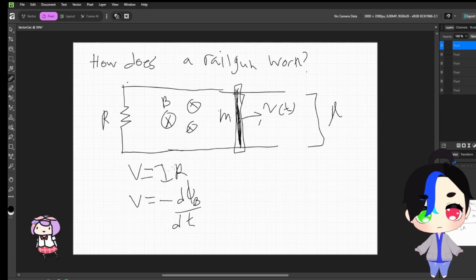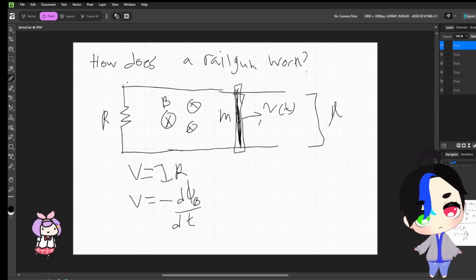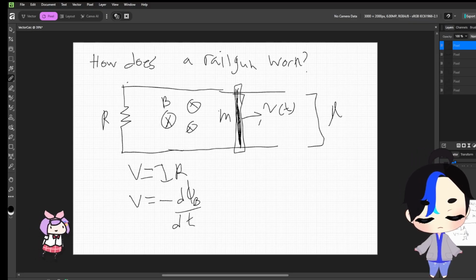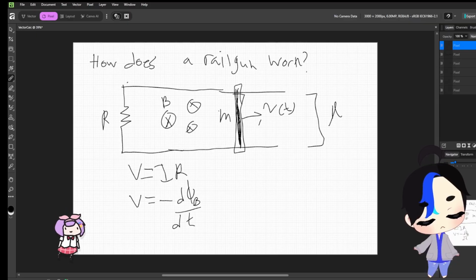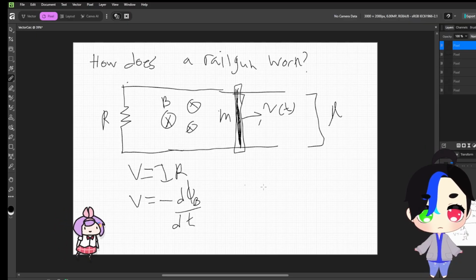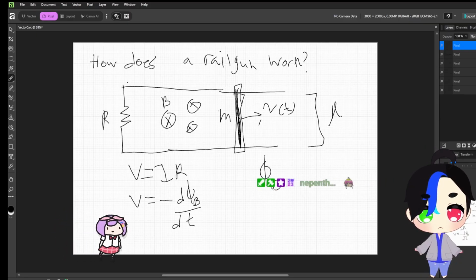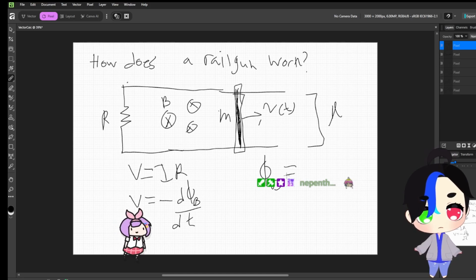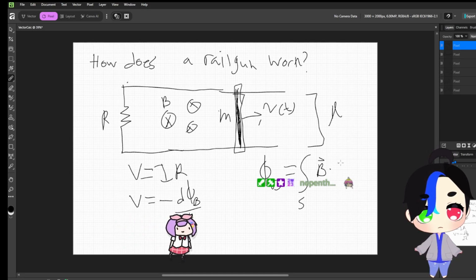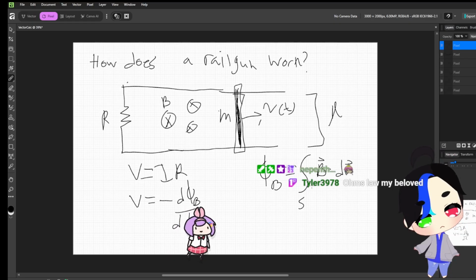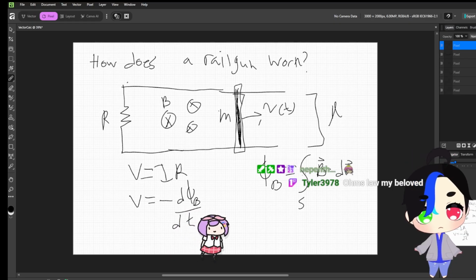If you have a magnetic field, this is called the magnetic flux. The magnetic flux is defined as the surface integral of B dot dA, which we just introduced.